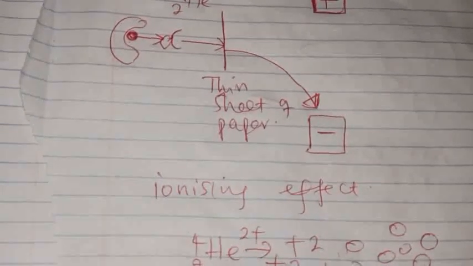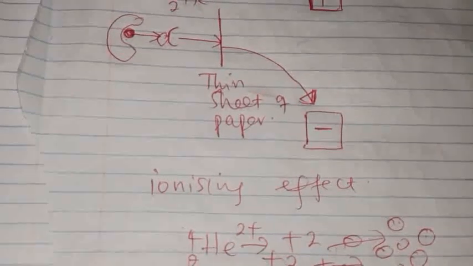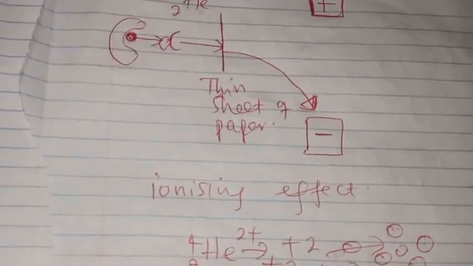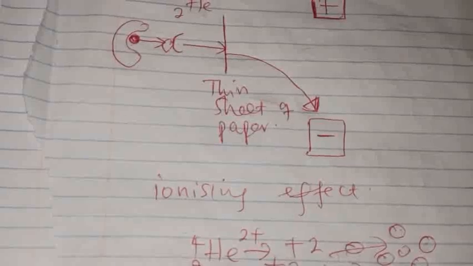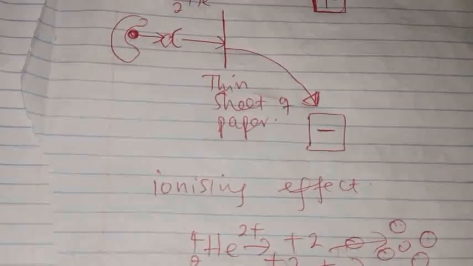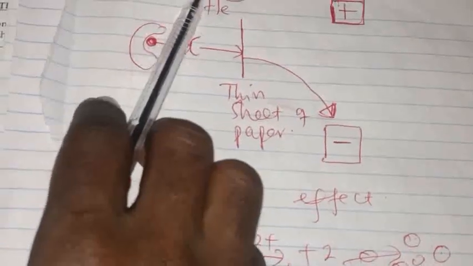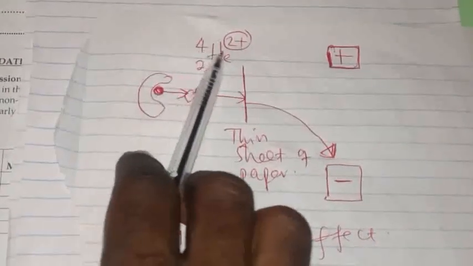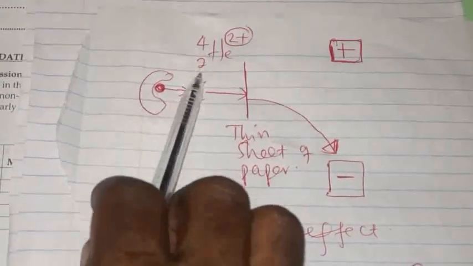So that as they pass through gases, let's say these are gases, and due to their slow speed and high charge, this makes them have a greater contact with the atoms for a longer time. I repeat, alpha is the heaviest with a mass number of 4 and an atomic number of 2.